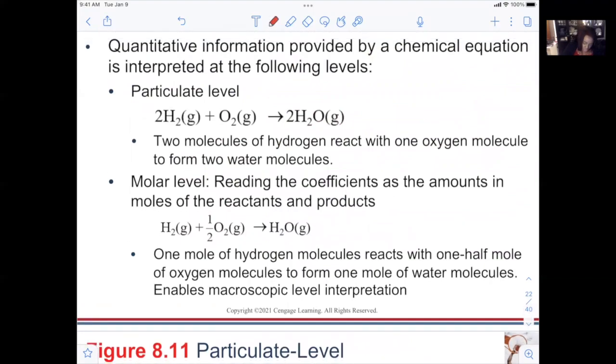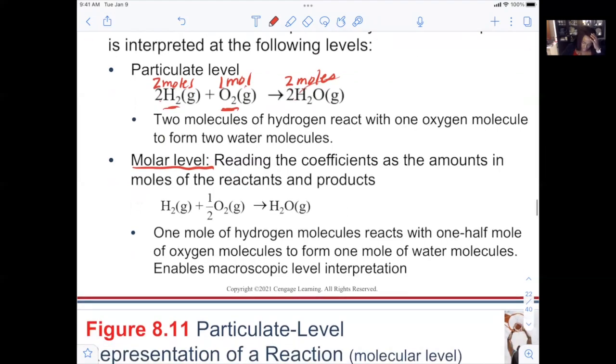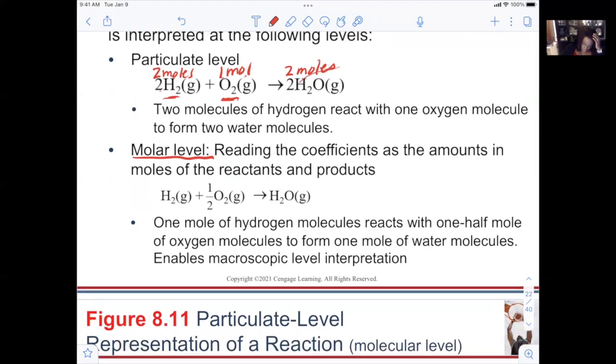So this time you would say 2 moles for molar level, and then 1 mole, and then 2 moles. So you say 2 moles of hydrogen gas, 1 mole of oxygen gas to form 2 moles of water gas. So let's see what they said here in the molar level.